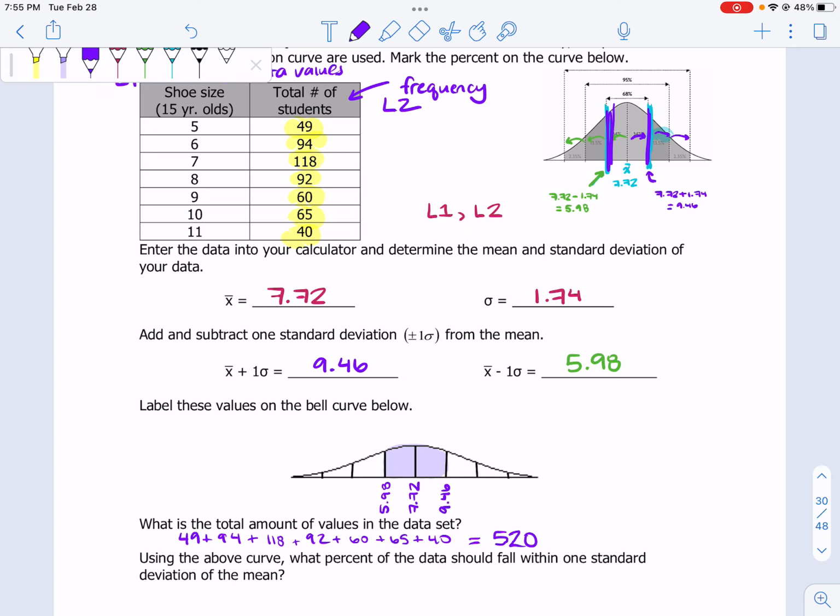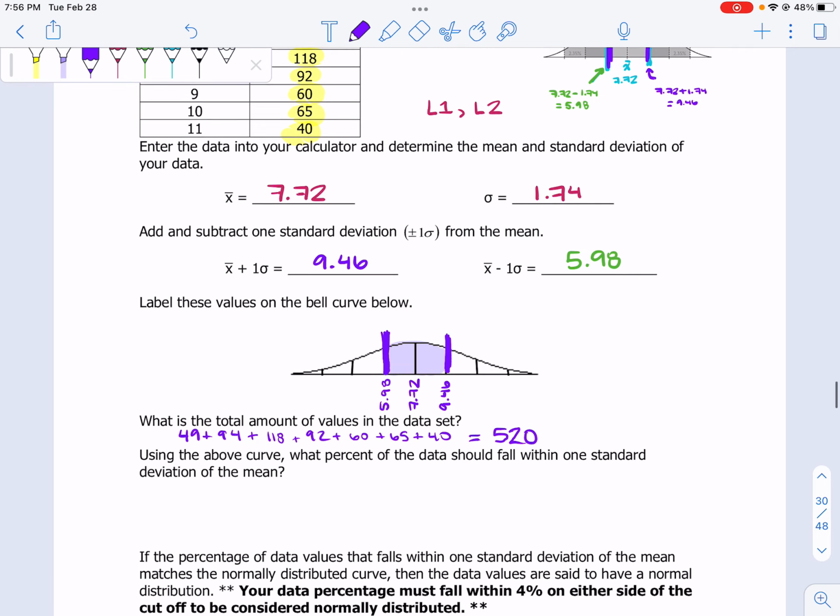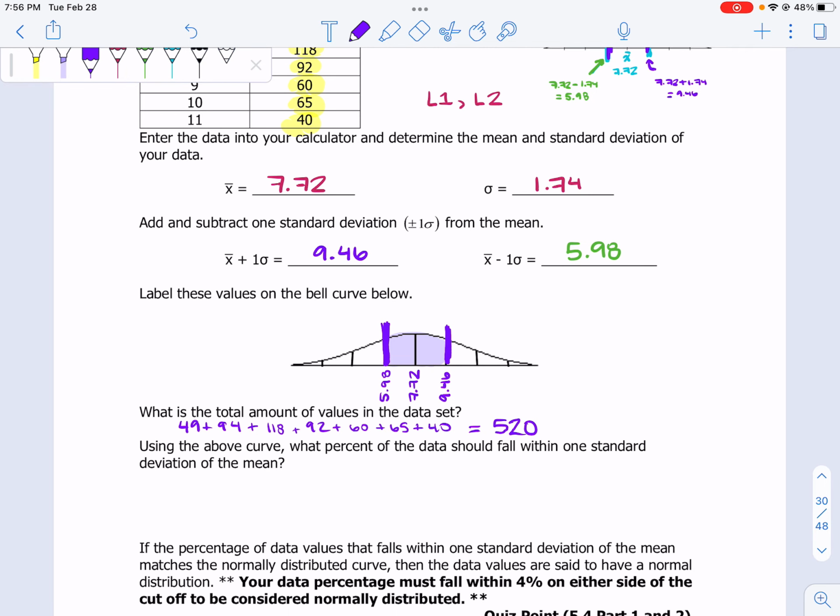Now, to figure out the numerator so I can calculate that percentage, I want to know how many of those 520 fit between these two markers, between 1 standard deviation below and 1 standard deviation above. That's how many people have a shoe size bigger than 5.98 but smaller than 9.46. So we're going to find the total amount of data values that lie between those two numbers.